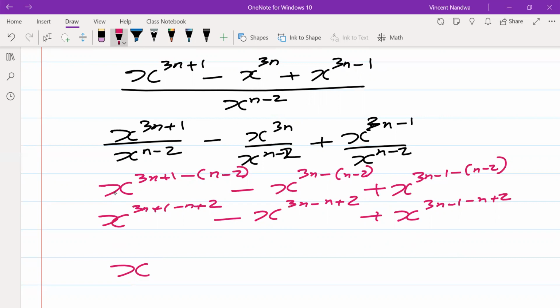Remember, when you're opening, negative is plus, okay? So the first power will be 2n plus 3, then 2n plus 2, and then 2n plus 1.